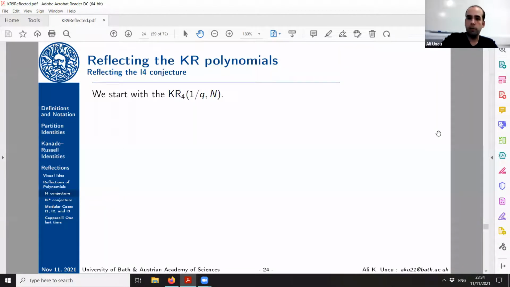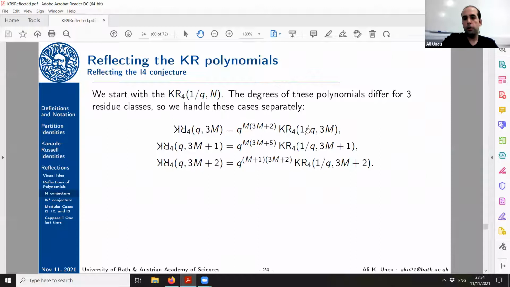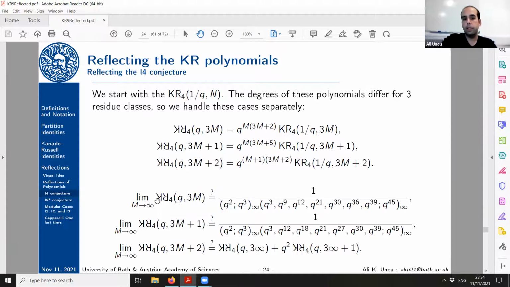Warnaar. So he observed that if you were to take Q goes to 1 over Q and clear the denominators, then you need to be careful about the modulus. But when you take the limits, these reflected versions seem to be going to modulo 45 products. So the original Kanade-Russell conjectures were mod 9.